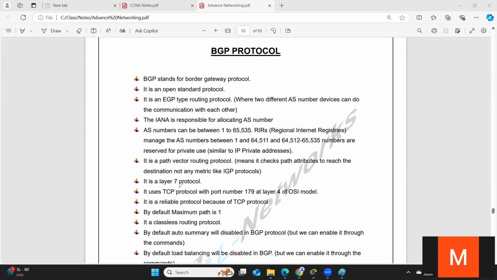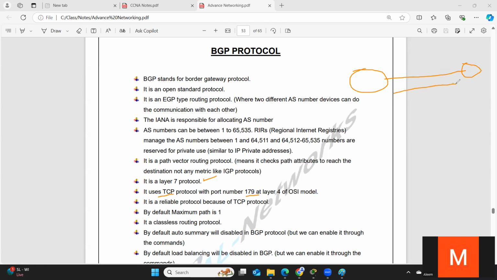And it is a layer 7 protocol. It works in the application layer. BGP is a TCP based routing protocol, Transmission Control Protocol. It means we have a port number that is used. It uses a three-way handshake.